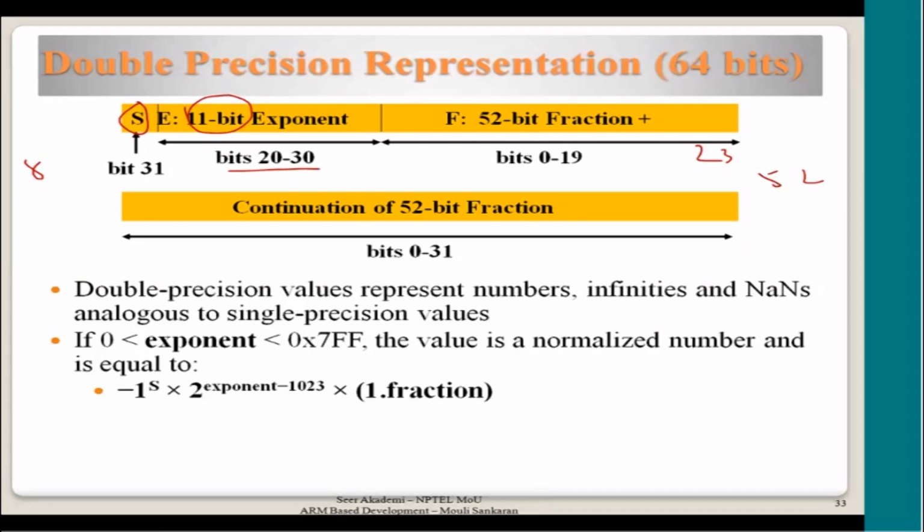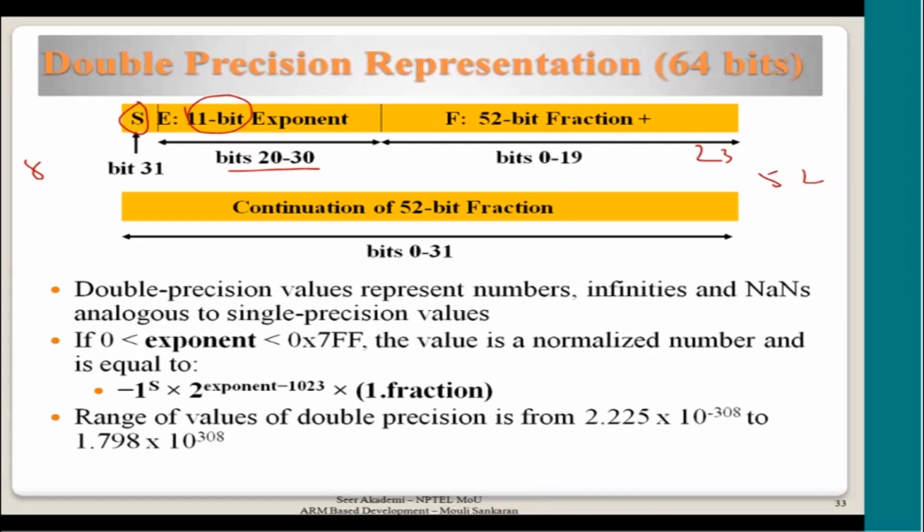So what do we gain by this? We are getting a range of numbers which is unimaginable: 10 to the power 308. If you recall, in single precision the range was 10 to the power 38, I think. Here you are getting 10 to the power 308.